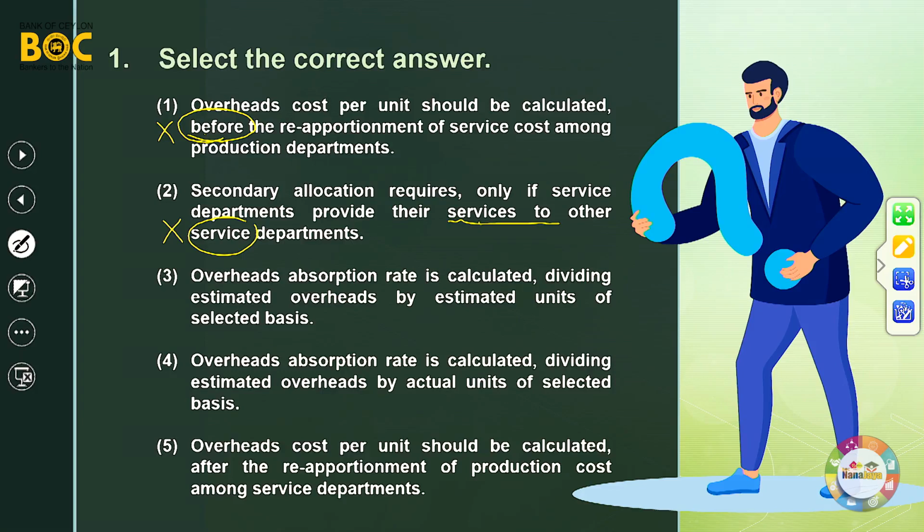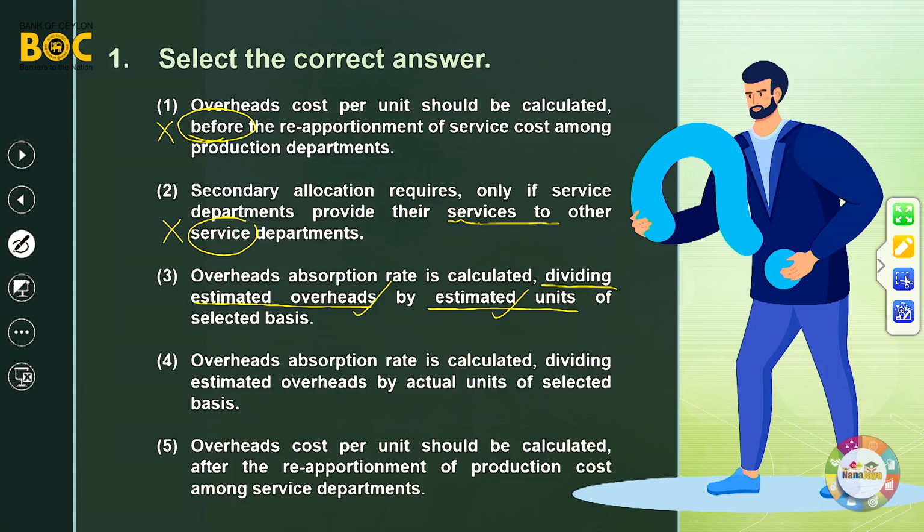Overhead absorption rate is calculated by dividing estimated overheads by estimated units.